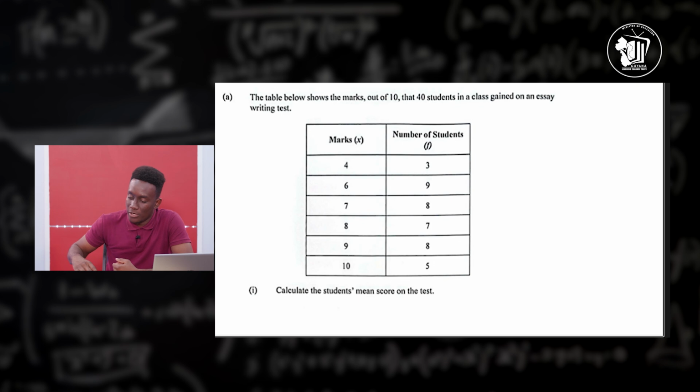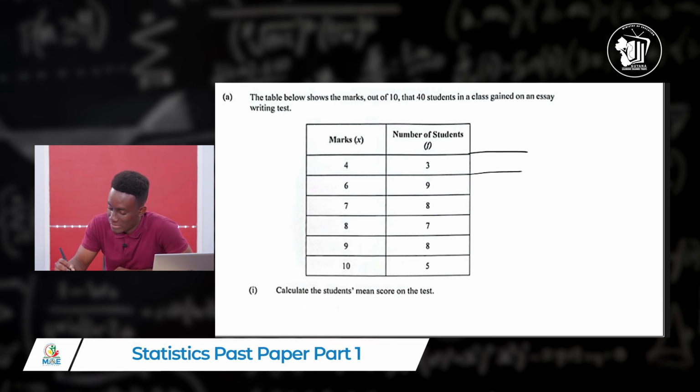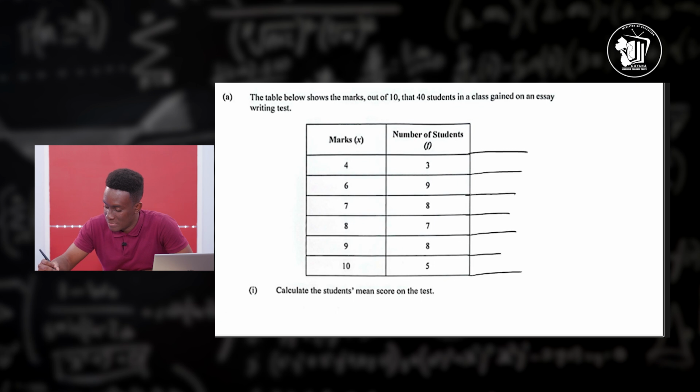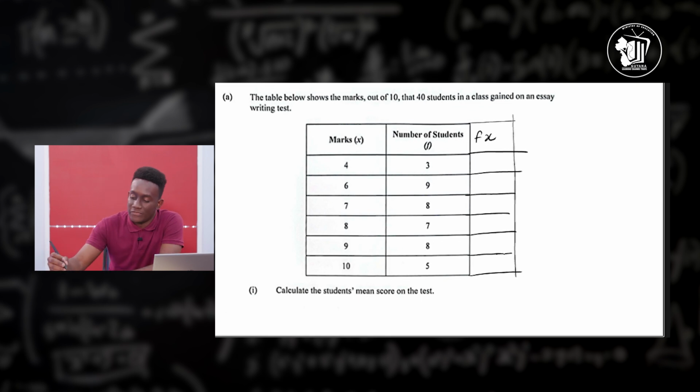For the mean score, let's add another part to this table to make it easier to calculate. Let me call this part fx, which is f times x.